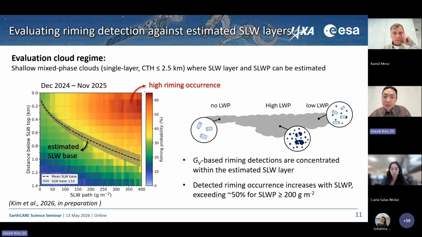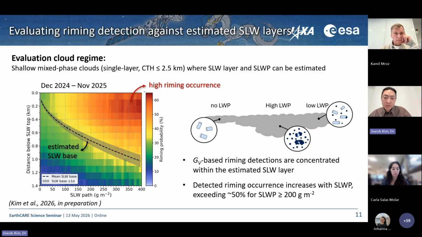So this figure shows the riming probability from 1 year of shallow mixed phase cloud observations. The x-axis is the supercooled liquid water path, and the y-axis is the distance below the supercooled liquid water tops. The dashed line shows the estimated liquid base. This is only an estimate.